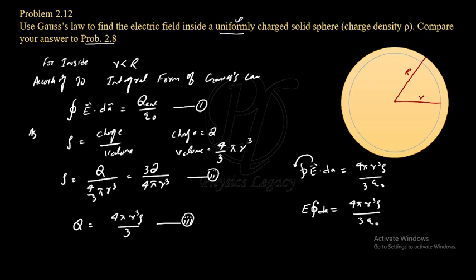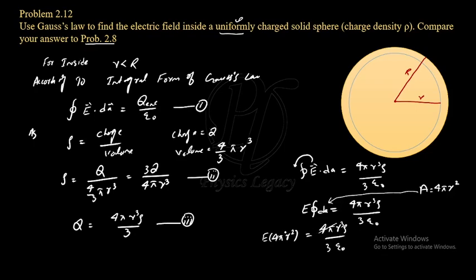Here closed integral dA is the area of the Gaussian surface, that is equal to 4 pi r square. We just put this expression here, then our expression is E into 4 pi r square is equal to 4 pi r cube rho over 3 epsilon naught.